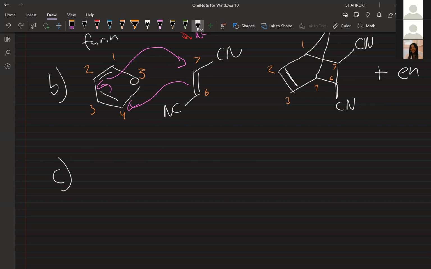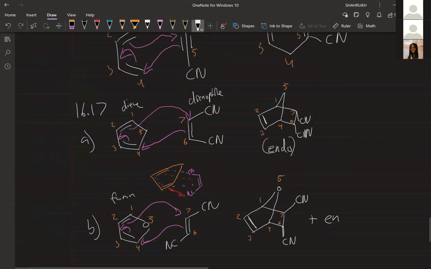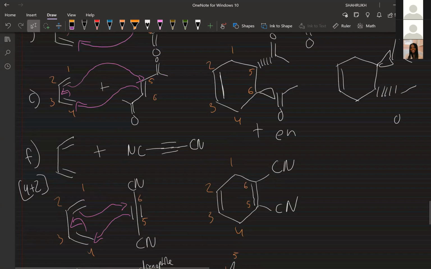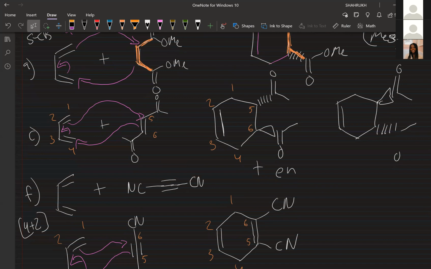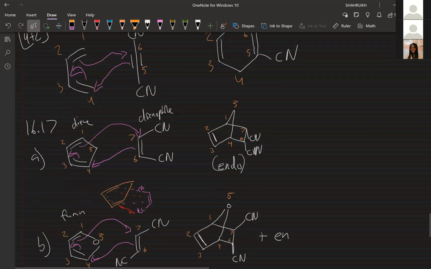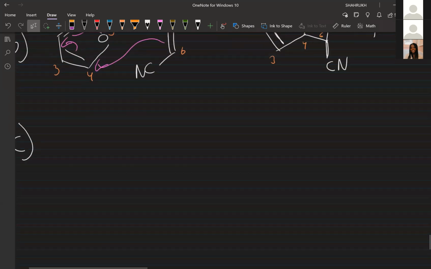Okay, let's do one more here, and then I want to end off on regioselectivity, which I feel like people have the most trouble with. So all of these, if you noticed, for the most part, they're symmetrical. We have both symmetrical dienes and symmetrical dienophiles, right? You could run a line of symmetry between all of these.